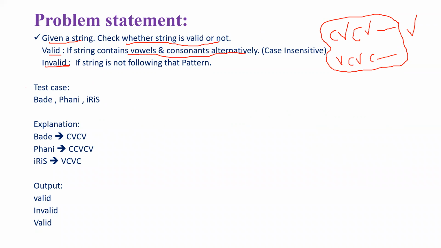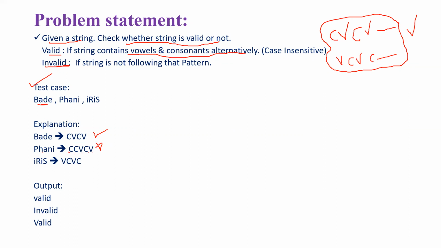Okay, see the test cases here. Here the test case is BADE. B is a consonant, A is a vowel, D is a consonant, and E is a vowel. This is following the pattern. PHANI. P is a consonant, H is a consonant, A is a vowel, N is a consonant, I is a vowel. Now this is not following the pattern, right?